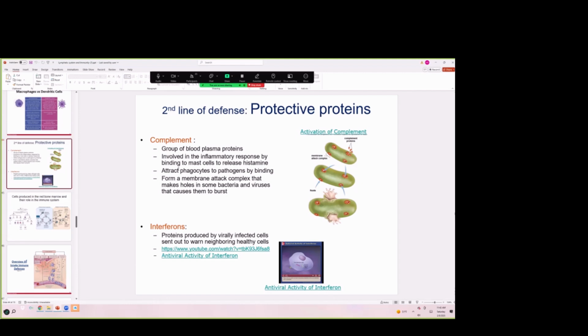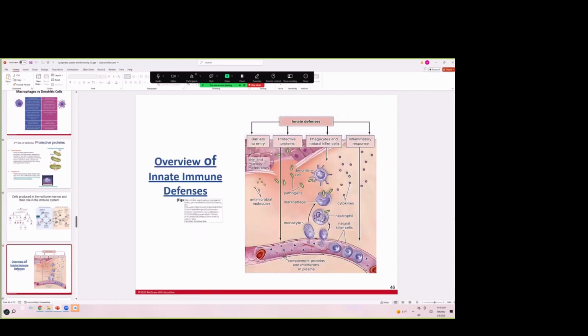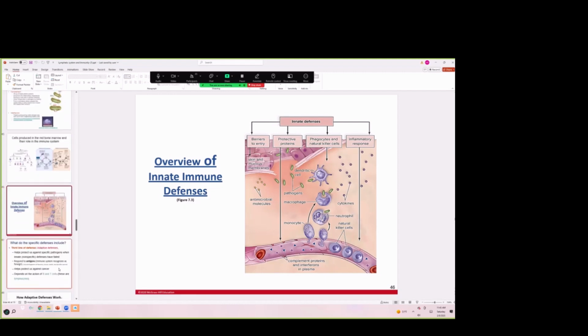Now, if we go to the third line of defense, it has to do with all of these cells that I mentioned to you here, which are the neutrophils and all of these other cells. We'll take a look at what happens. But generally speaking, the barrier system has not worked, the protective system has not worked, and now the infection has gotten into your cells.